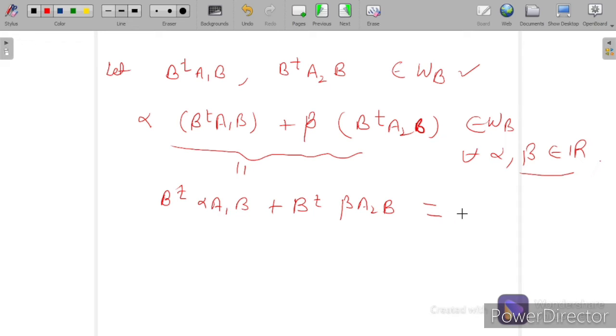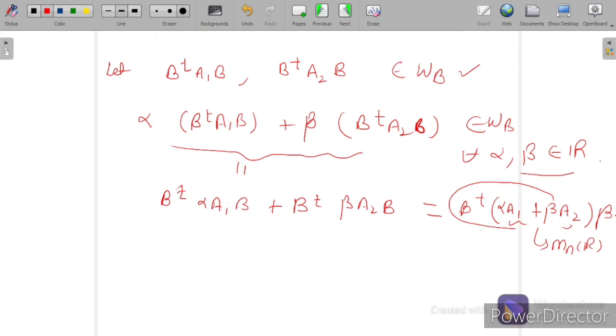Further, this is equal to B transpose times alpha A1 plus beta A2 times B. So since A1 and A2 are matrices in M_n(R), alpha A1 plus beta A2 is also a matrix in M_n(R).